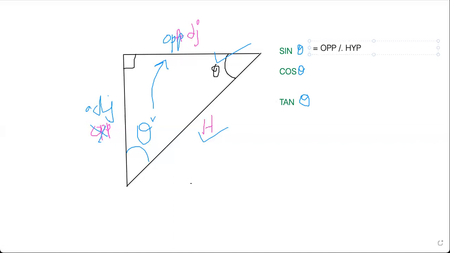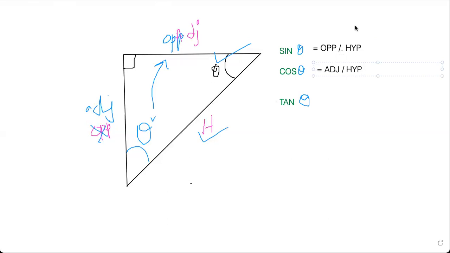If the hypotenuse is not given but the opposite is given, you have to check that if the angle is given, then you can use this formula. I'll tell you how to use the formula. Let me tell you the formula first. Opposite over hypotenuse. The other one is cos theta. Cos theta is adjacent divided by hypotenuse.